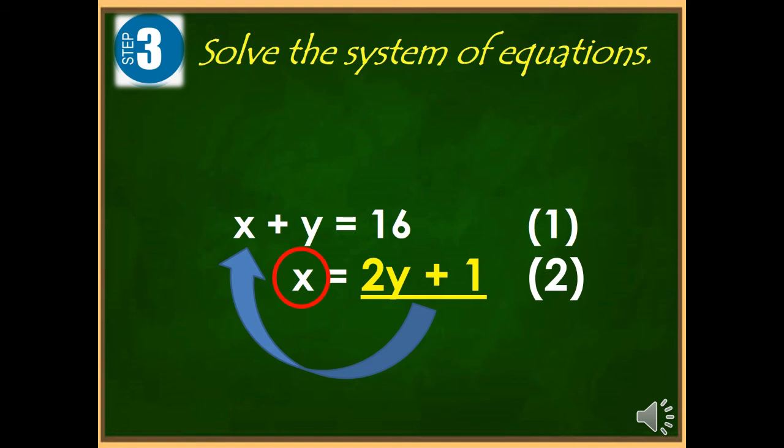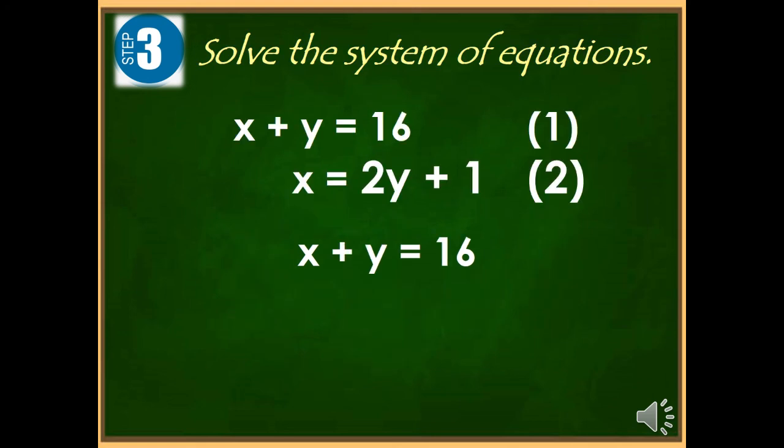The equation x plus y equals 16 becomes 2y plus 1 plus y equals 16. x is being replaced by 2y plus 1. That is why the new equation again is 2y plus 1 plus y equals 16.